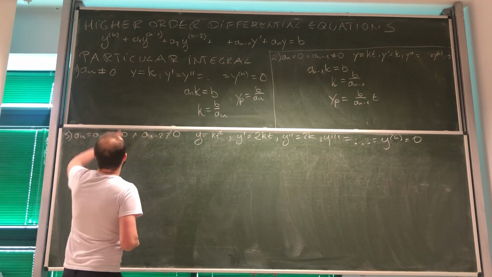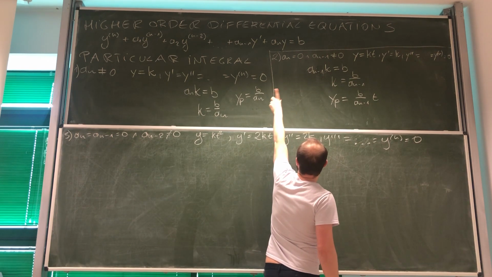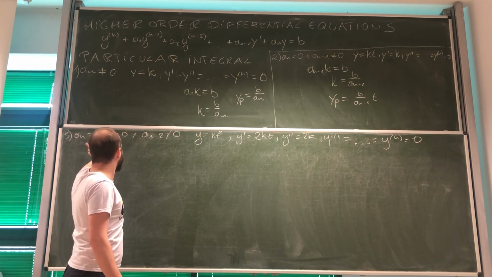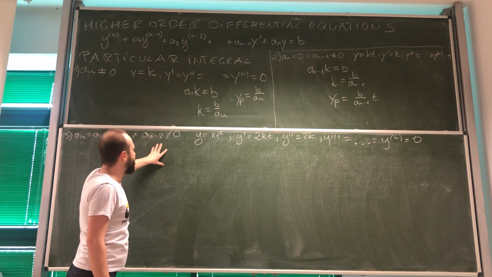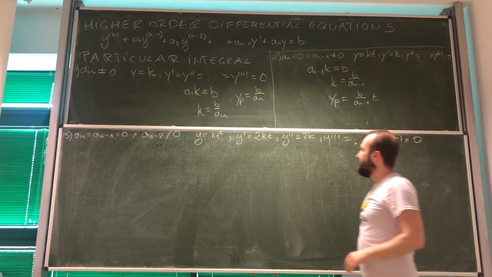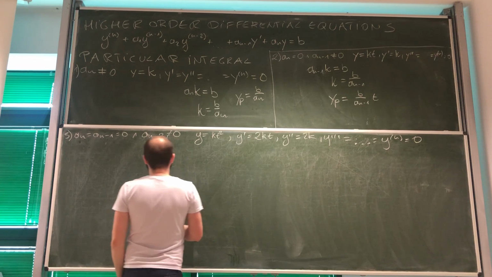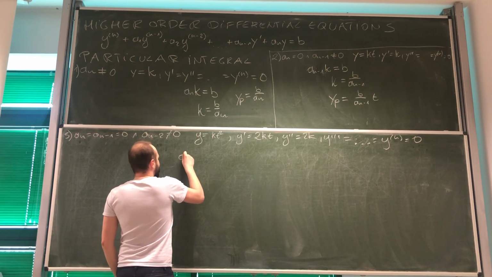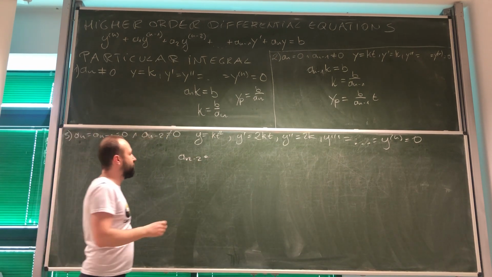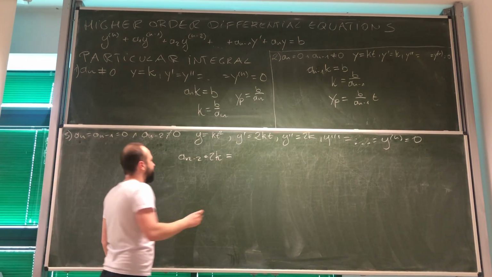Again, we see that all the components over here are equal to 0, except for the one associated with the second derivative. Those are gone because derivatives are equal to 0, and those two are gone by assumption. So now we get that a_(n-2) times, of course, y double prime, so 2k, is equal to b.